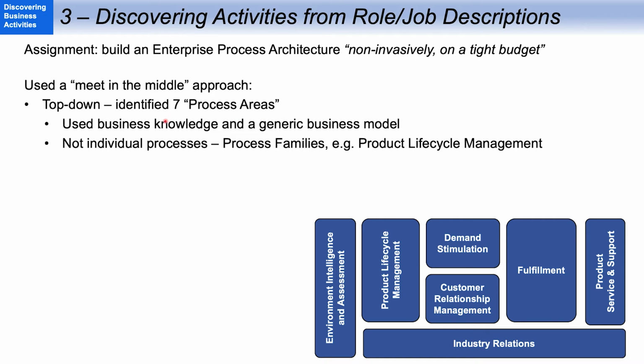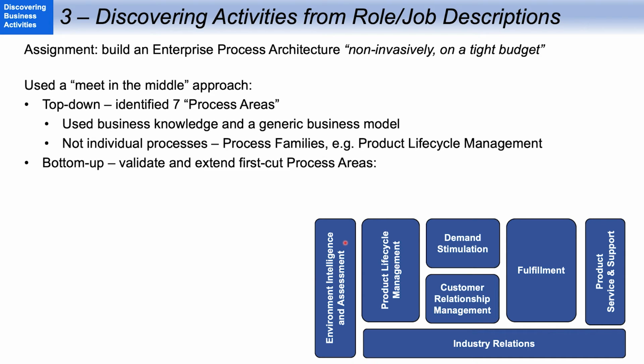Going top down, we used their knowledge and a generic model of mine to identify 7 process families in our business on a page diagram. And the reason you don't see active verb and noun naming here is these are process families, not individual processes.